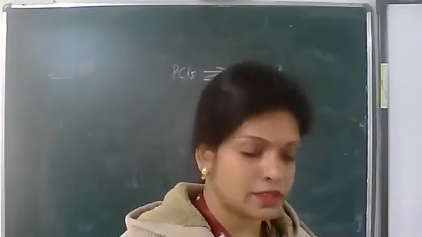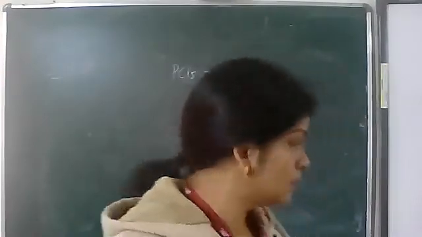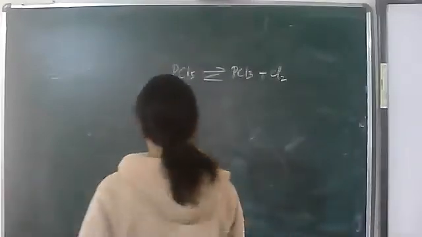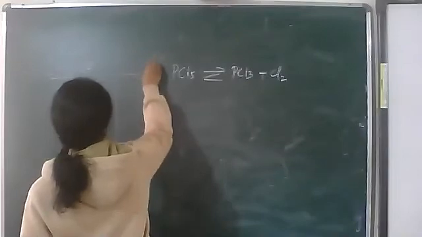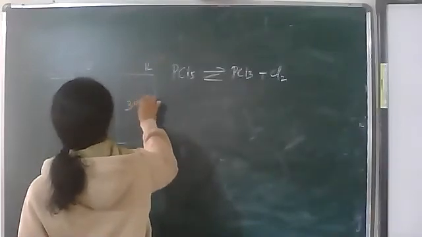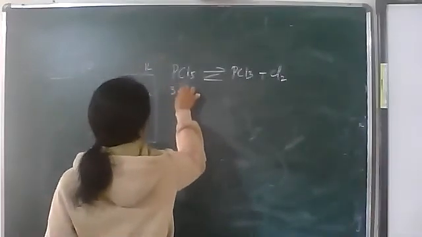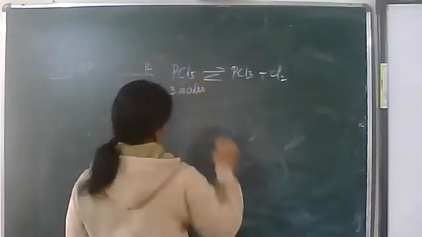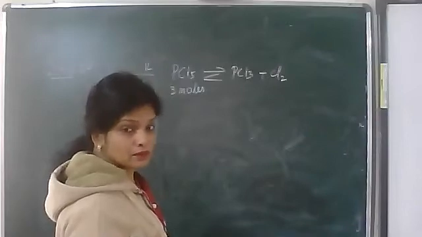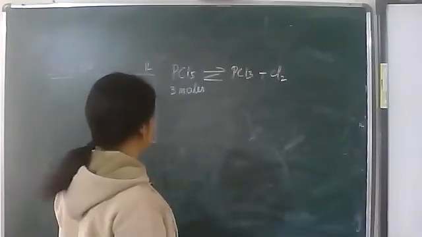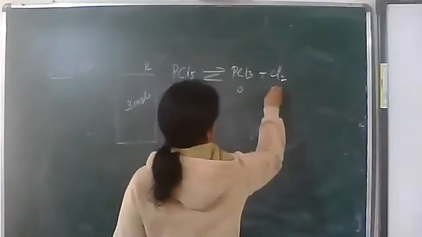In the beginning, I have taken 3 moles in a 1 liter vessel, and heat it. 380 Kelvin is the temperature. In the beginning, the products are 0 and 0.